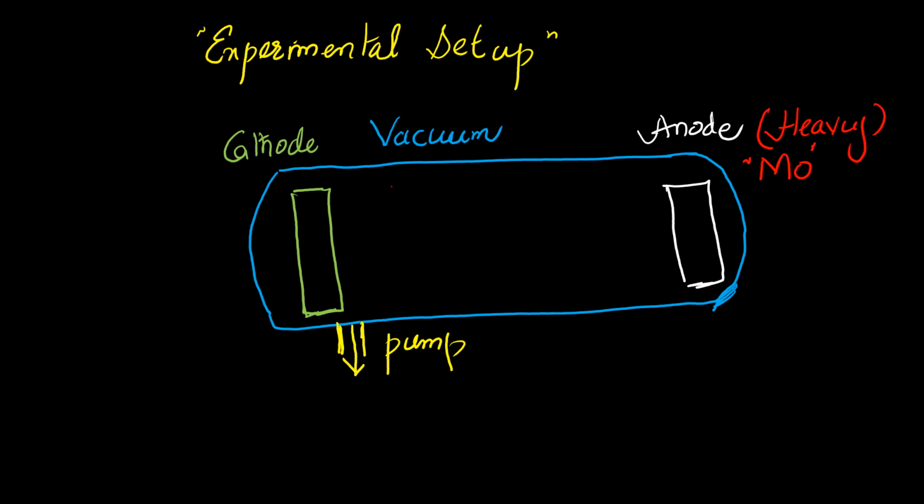Dear student, please keep in mind that these electrodes, cathode and anode, were connected with a high potential source battery, and that battery operates at very high voltage.